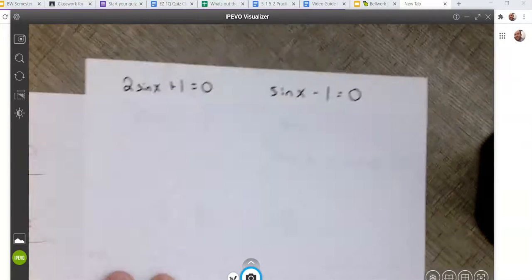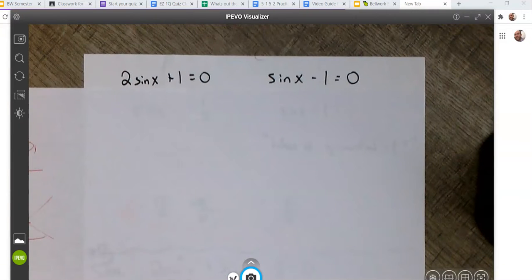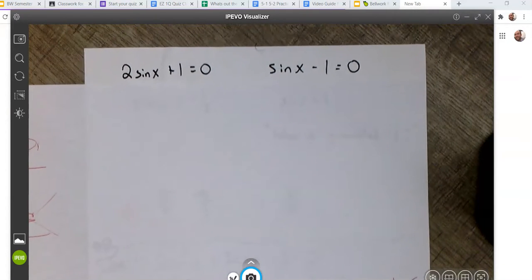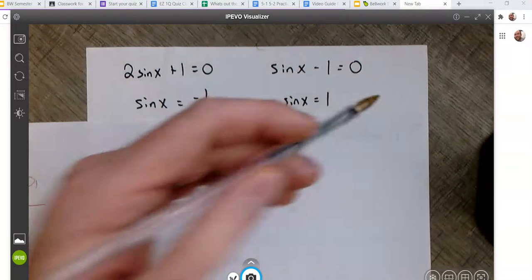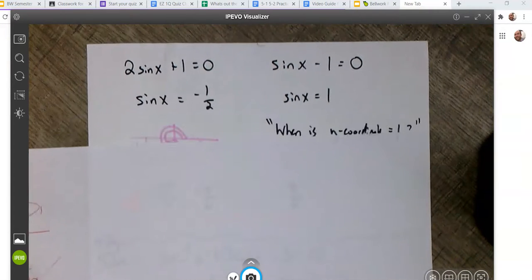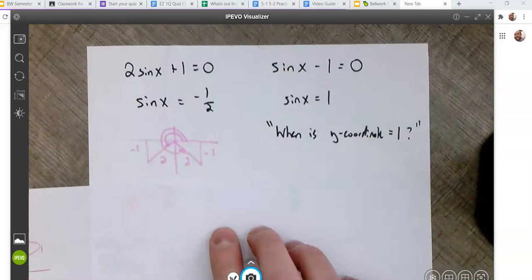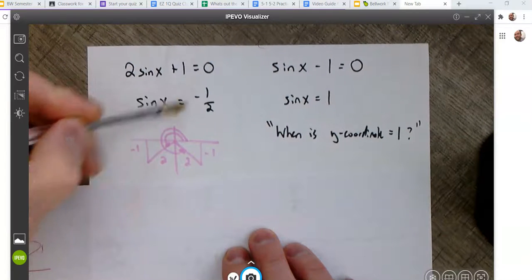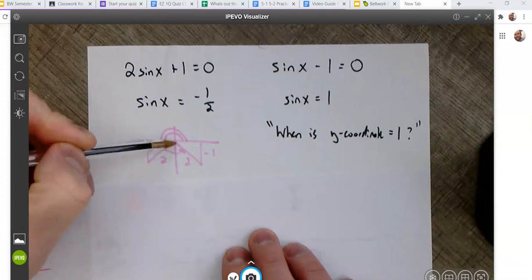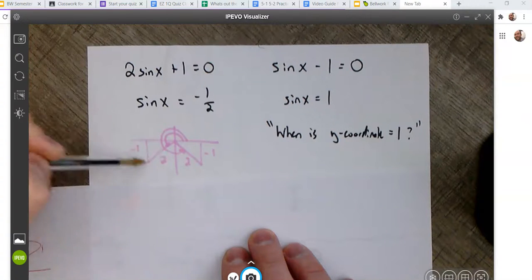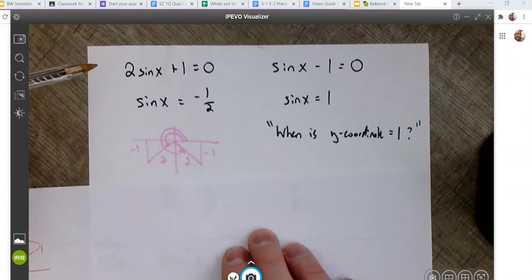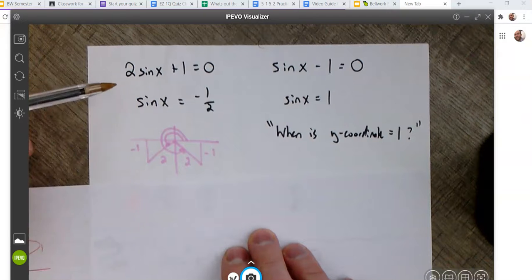Okay. So we're here. I'm setting these two equal to 0 and solving them. That's not too bad. Subtract 1, divide by 2, add 1. This one's asking, when is sine negative? Well, sine is negative down here in the third quadrant and the fourth quadrant. Sine is opposite over hypotenuse, so I'm labeling the sides of my triangles. And remember, we're trying to find the angles, one time around the circle.